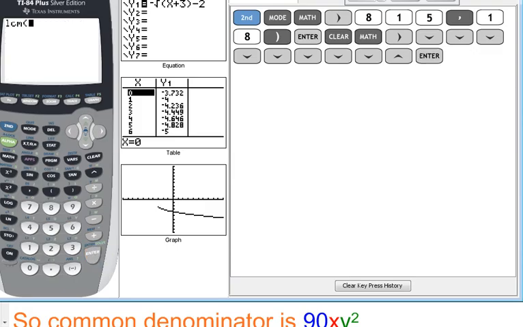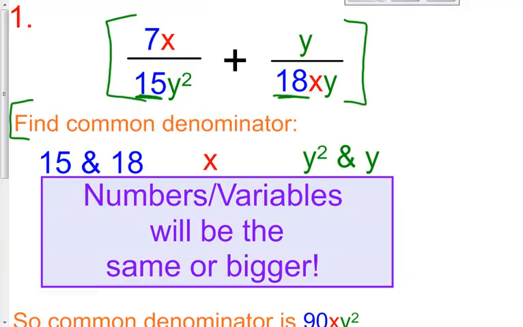Enter. We want to find the least common multiple of 15 and 18, so type in 15, comma, 18, and our calculator spits it out to us. The least common multiple is the number 90. So we know that 90 is the least common multiple of 15 and 18.